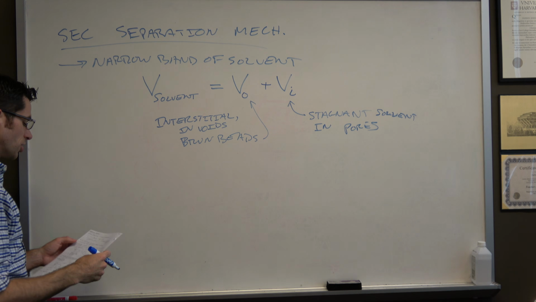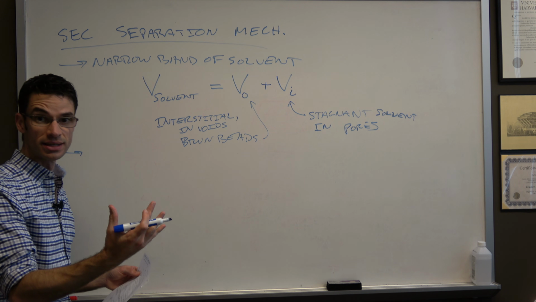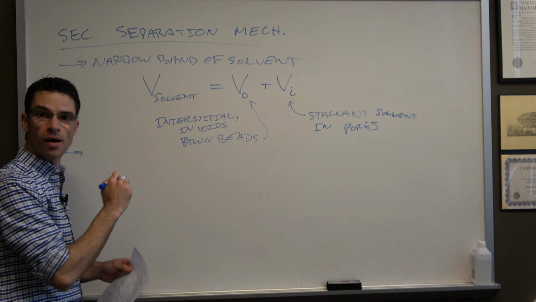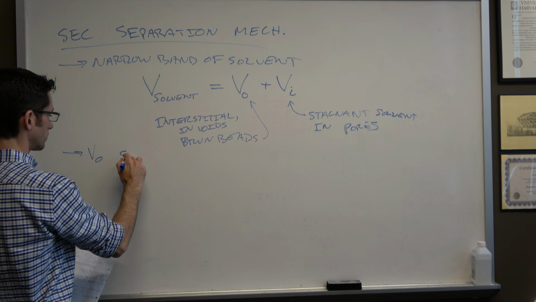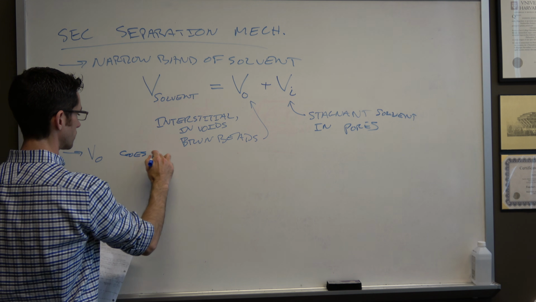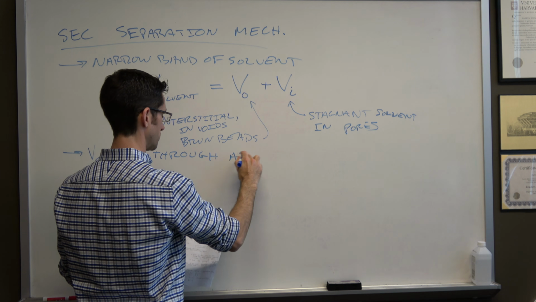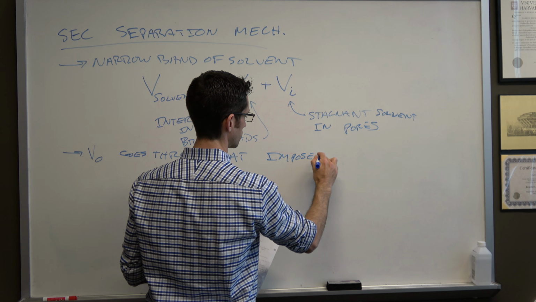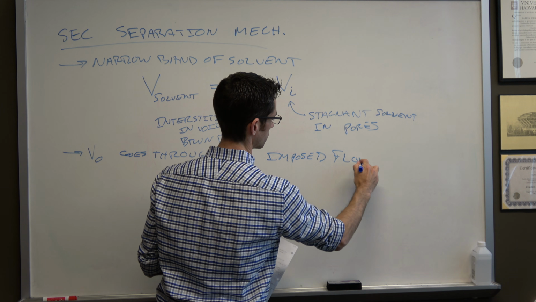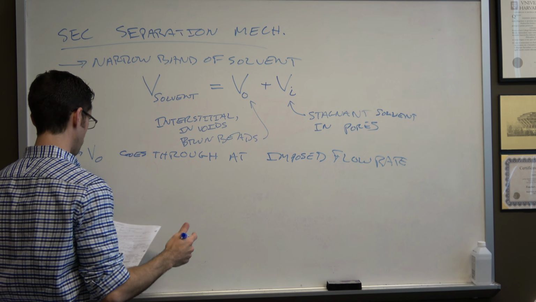So V naught goes through the column at the imposed flow rate from the pump in our system. And this we just set on the software.